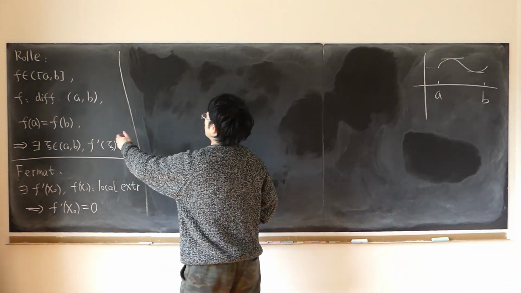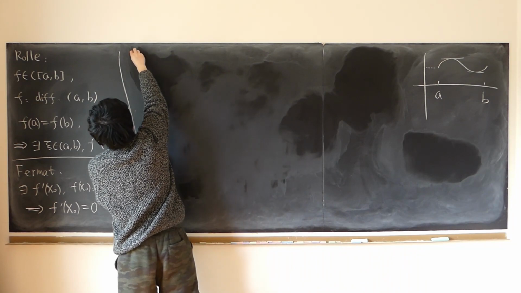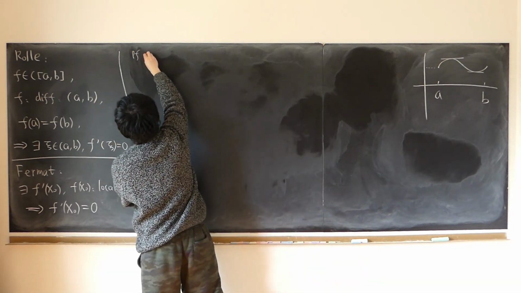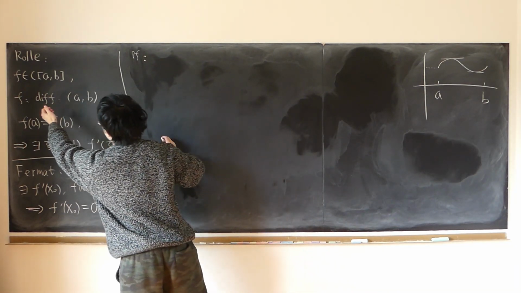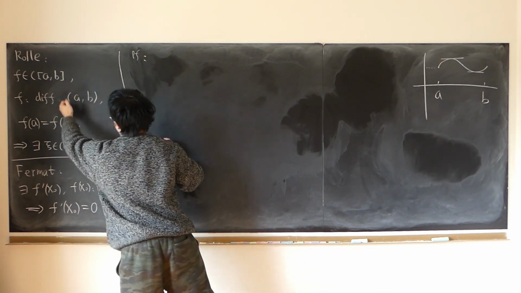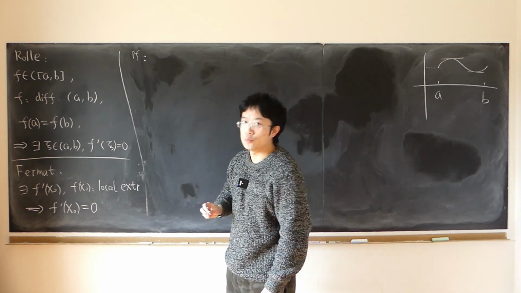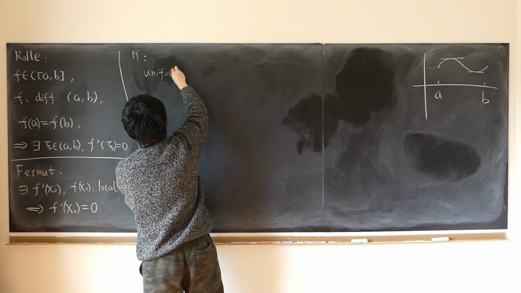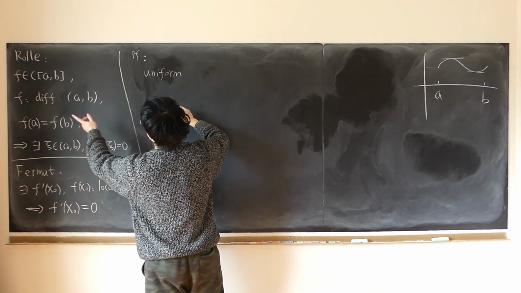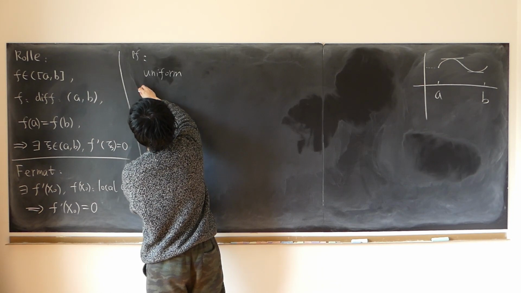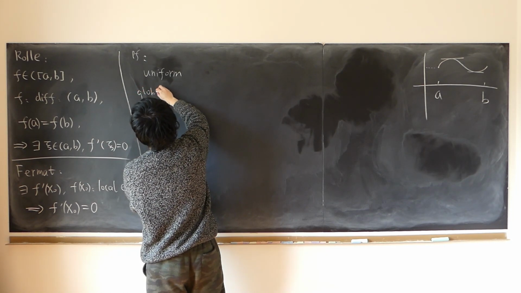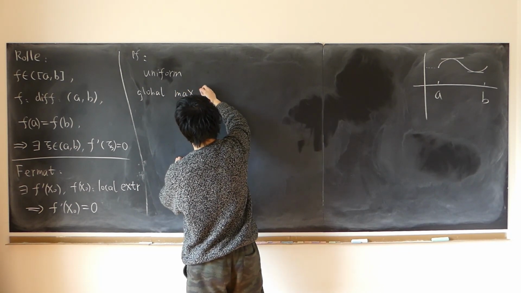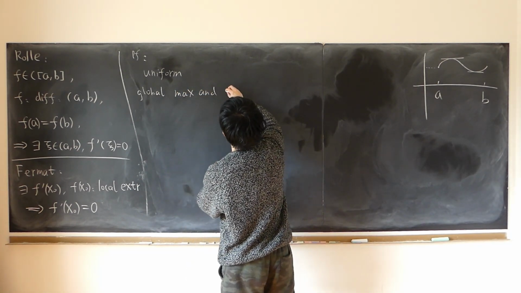Now the proof of Rolle's theorem is very simple. First, the special case. Because the function is continuous everywhere on this closed interval, the function has to be uniformly continuous, therefore the function takes a global maximum and global minimum.